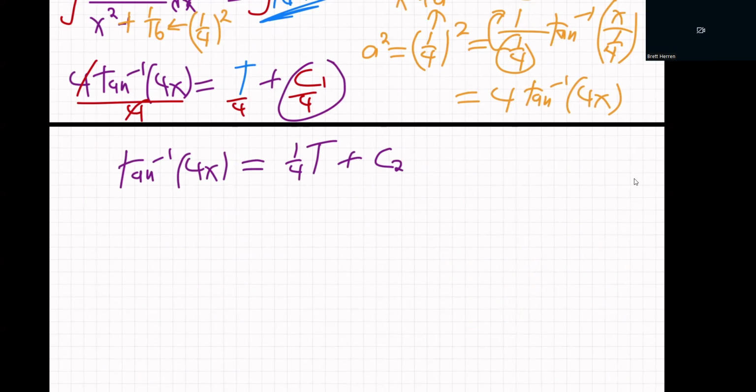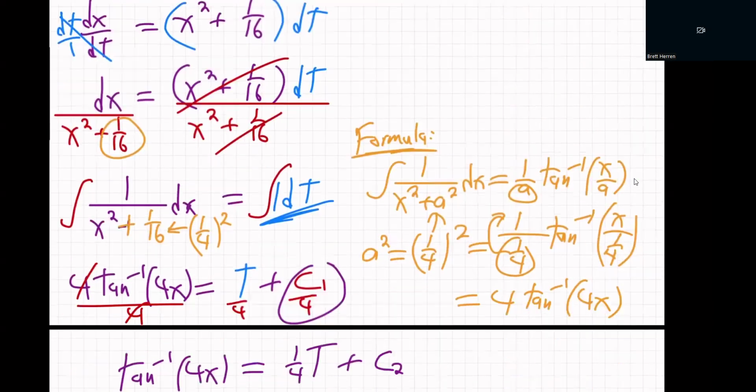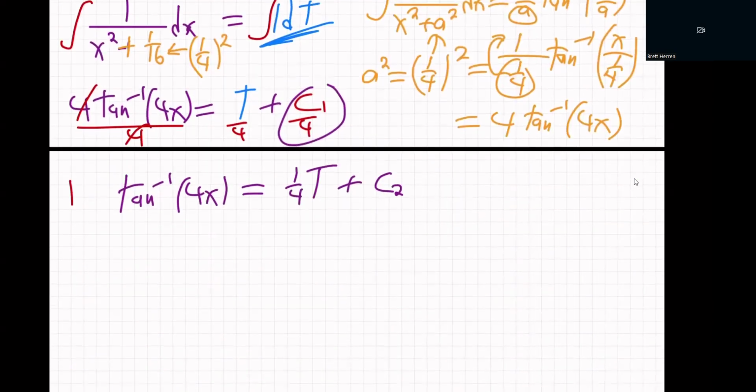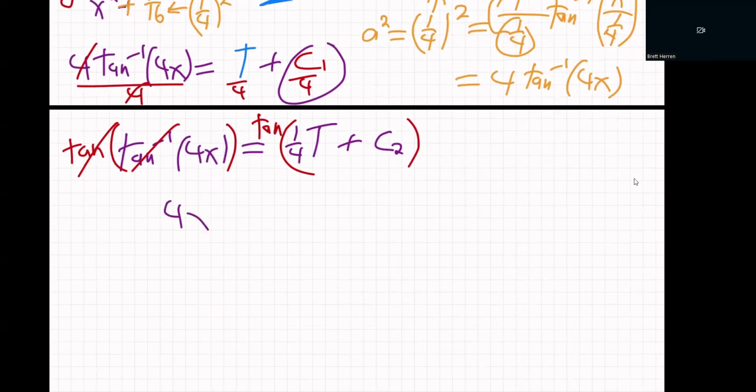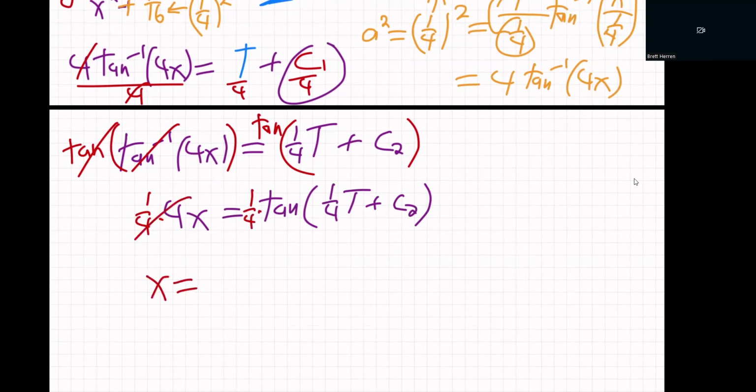Now how do we get rid of tangent inverse? We take the tangent of both sides, and tangent cancels tangent inverse. And we get 4x equals tangent of 1/4 t plus constant 2. And then multiply by a fourth on both sides. So x equals 1/4 tangent of 1/4 t plus constant 2.